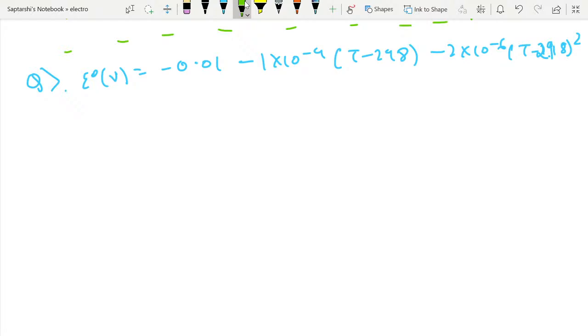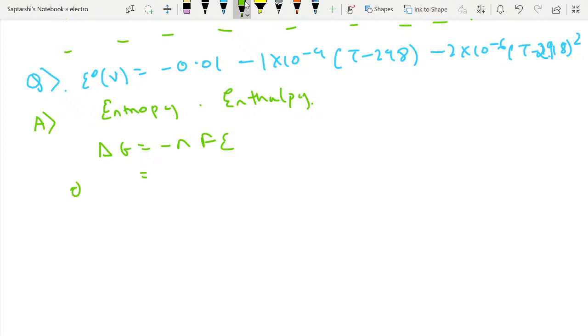Right. And it is said that E dot is given, and we need to find our entropy and enthalpy. So we just saw how it is related via these equations.